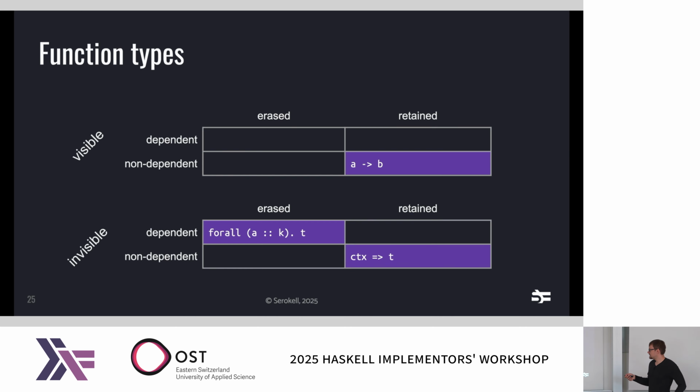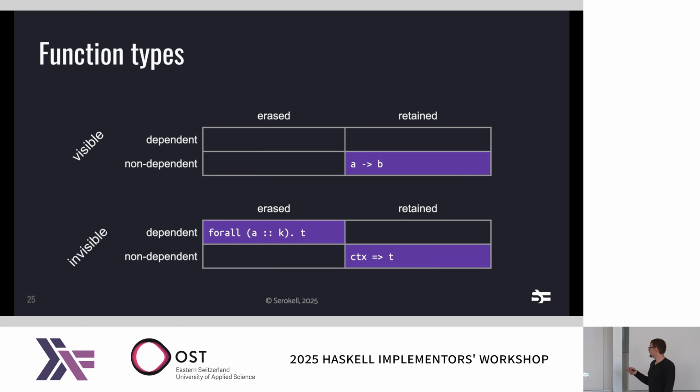Along 3 axes: visible or invisible, erased or retained, dependent or not dependent. The function arrow is visible because you visibly supply the function argument at use sites. You just tell the function what argument you supply, and that's how you call it.